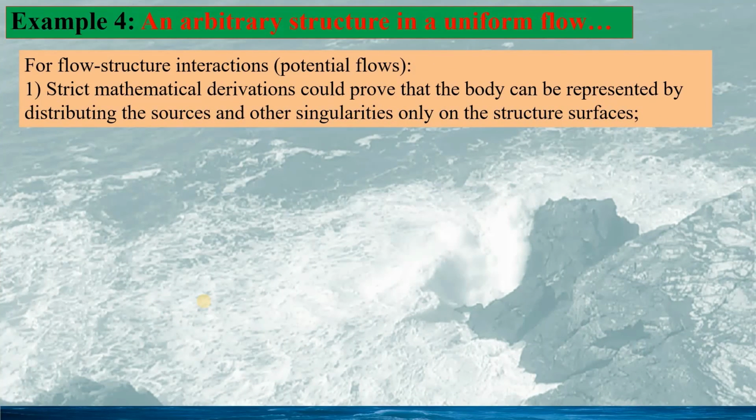So here, some general ideas would be given for the flow-structure interactions for potential flows. In fact, strict mathematical derivation can prove that the body can be represented by distributing the sources and other singularities only on the structure surfaces.